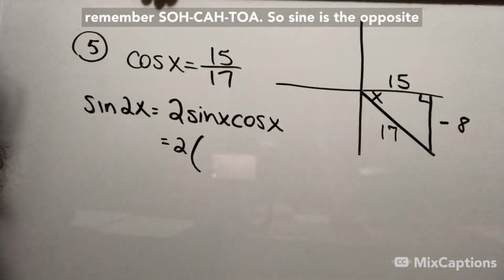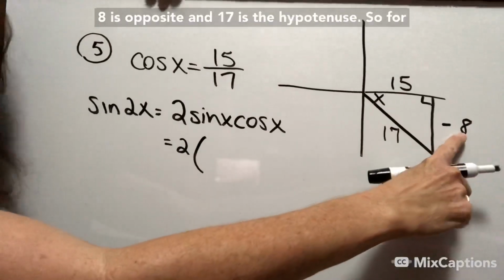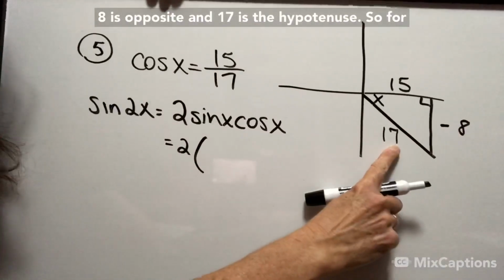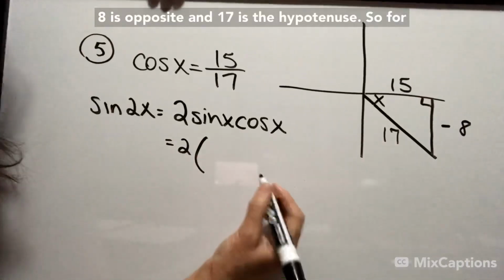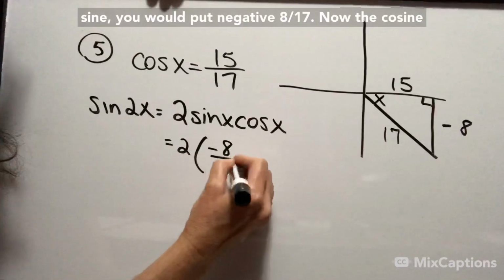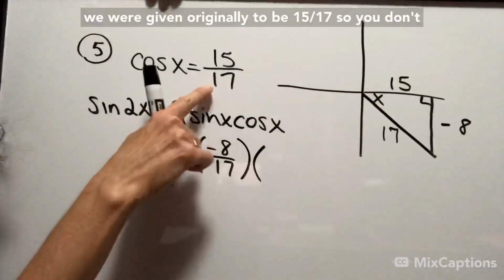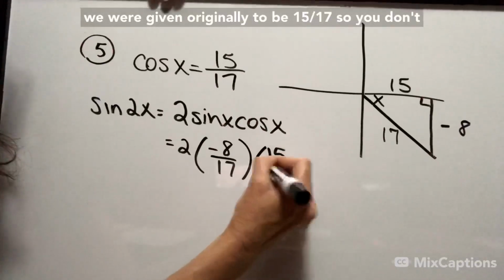So sine is the opposite over the hypotenuse. So from the x, -8 is opposite and 17 is the hypotenuse. So for sine, you would put -8 17ths. Now the cosine we were given originally to be 15 17ths, so you don't have to calculate that.